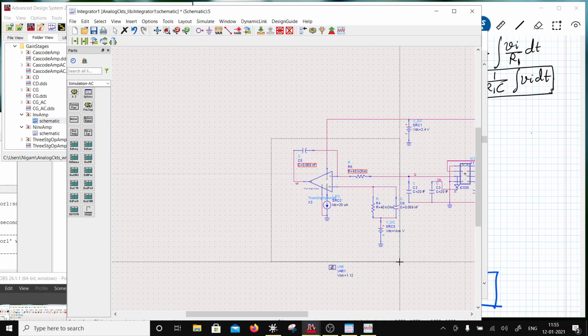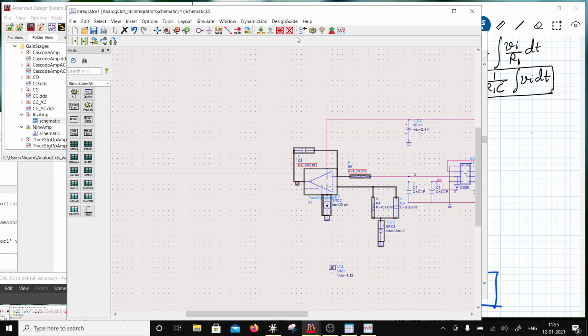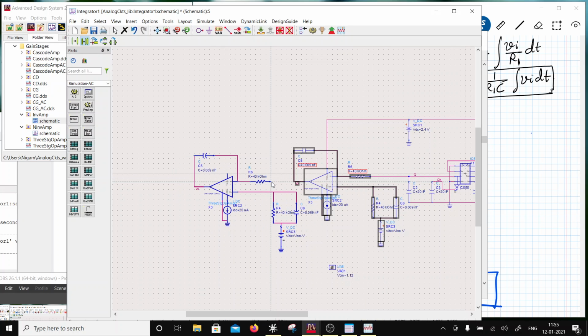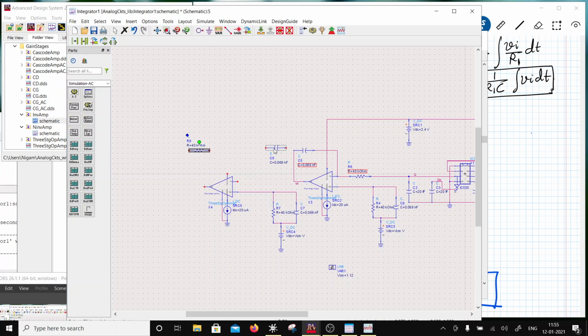I'm going to copy this circuit as is over here, and swap this so that it looks like a differentiator, correct? So this will go into the input over here, and that would be the output, like this.